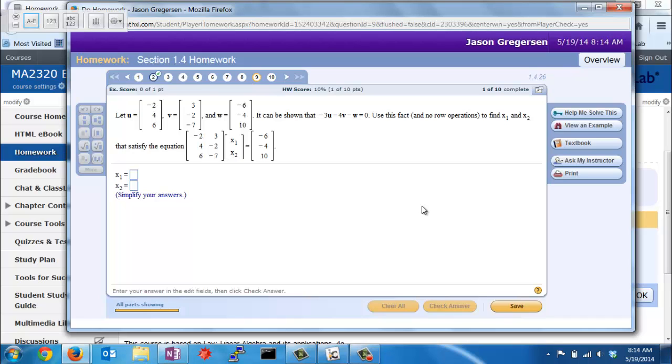And so this almost looks like the equation they gave us. If we just subtract the w to the other side, we would get x1u plus x2v minus w equals this thing. And so what does that tell us about x1 and x2?